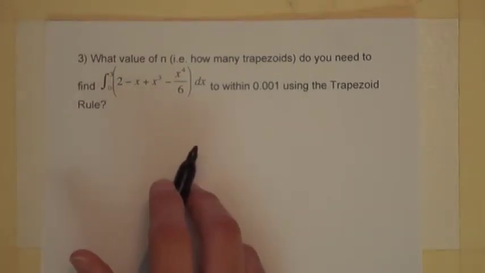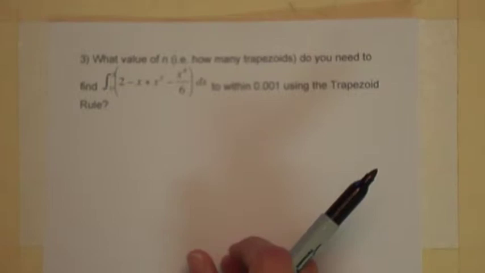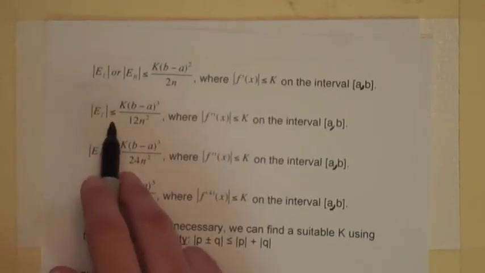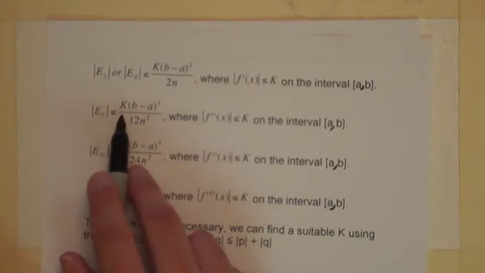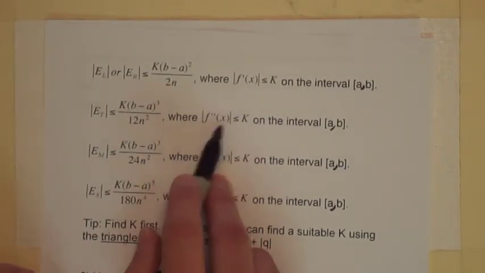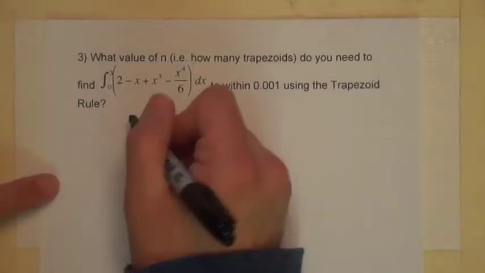So let's first look at the formula we need for the trapezoid rule for the error bound. For the trapezoid rule, where is it? There it is. For the trapezoid rule, we want k, and k depends on f double prime of x. So let's first find f double prime of x.